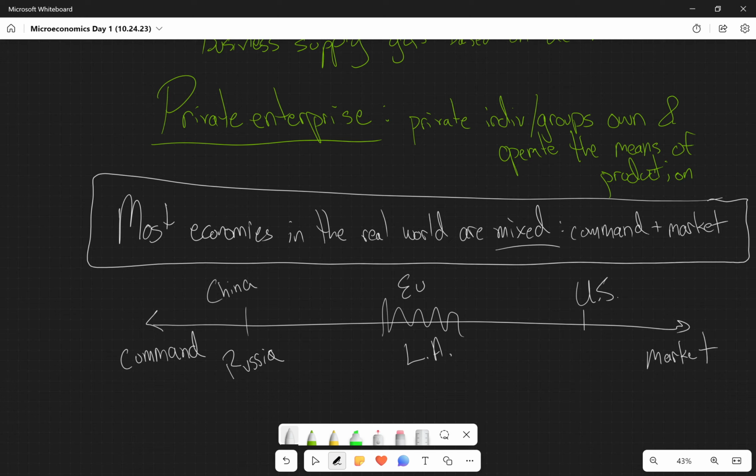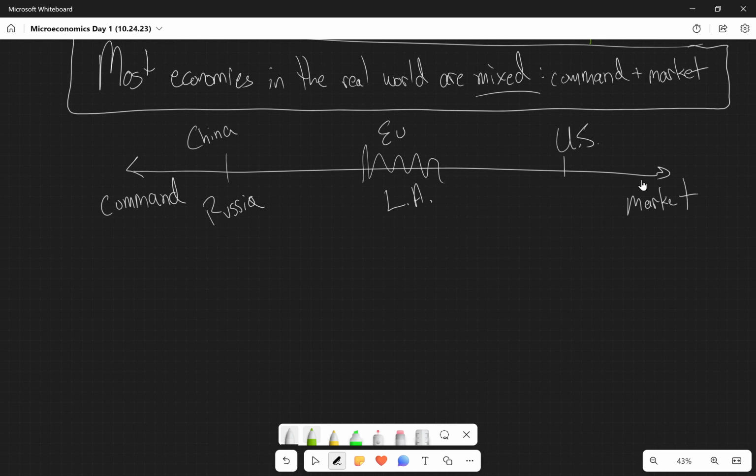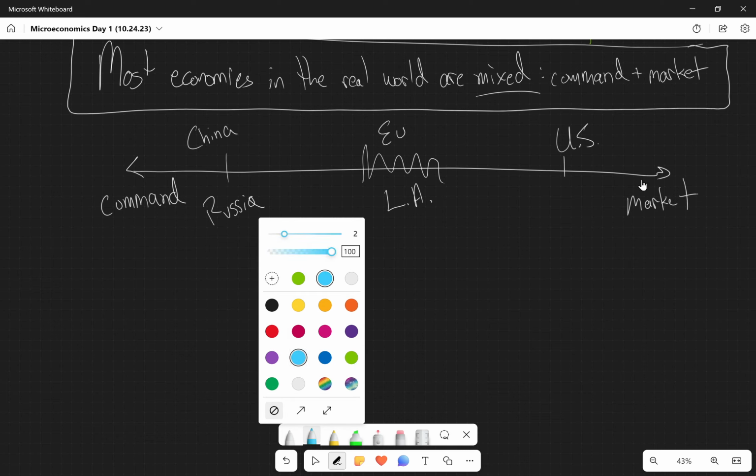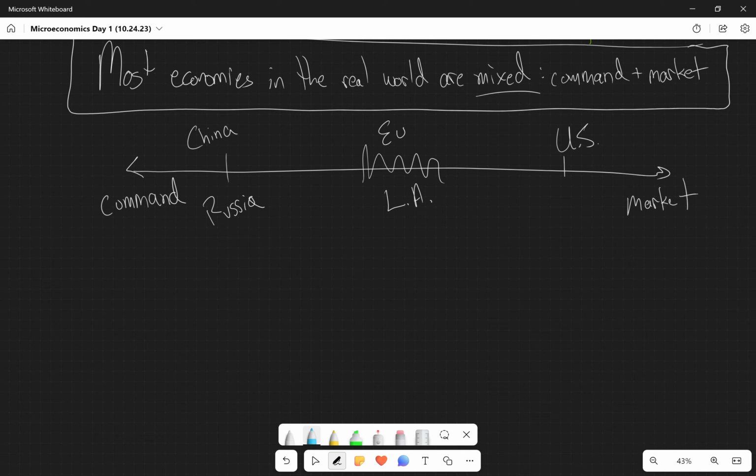So it's important for us to remember there is no such thing as an absolutely free market, right? We always have some sort of regulations. And so in economics, we're going to be talking a lot about regulations, and we're going to talk kind of interchangeably about regulations and institutions.